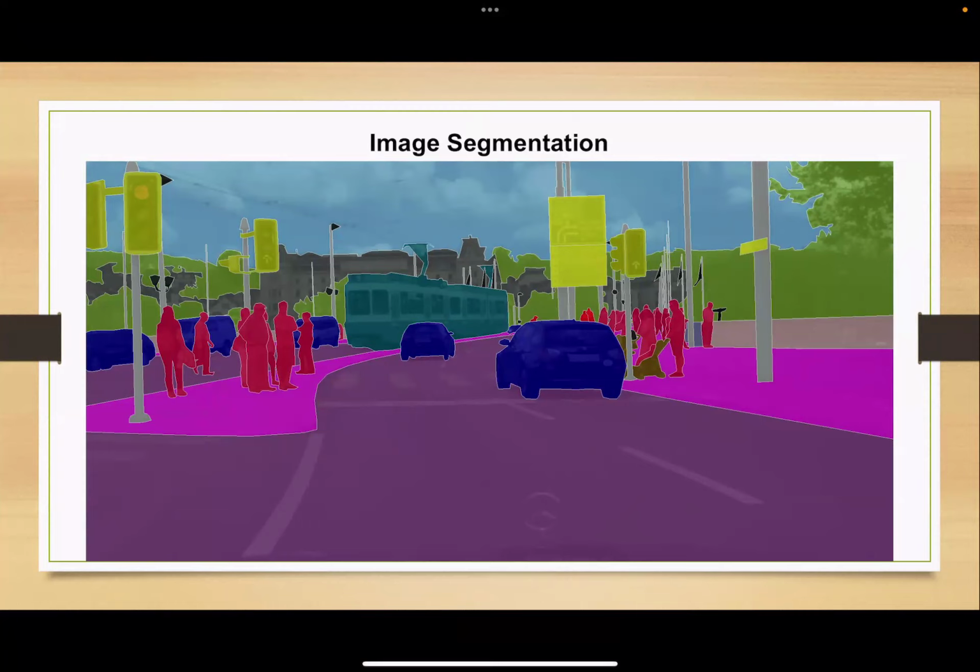The clustering algorithm will first find how many objects are here according to their similarity. So they will learn that this may be cars. I mean, they don't know this is a car, but they will know that this is a certain object which is different from the background here.